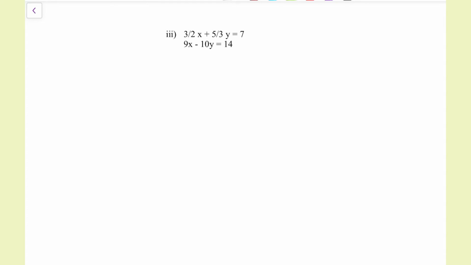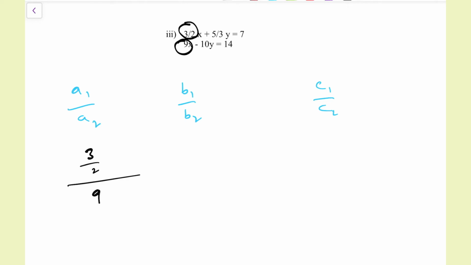It won't be difficult, just sometimes you make calculation mistakes. a1 by a2, b1 by b2, c1 by c2. Here a1 is the x coefficient 3 by 2, divided by 9. So this 2 will come down, and it becomes 3 by 18.